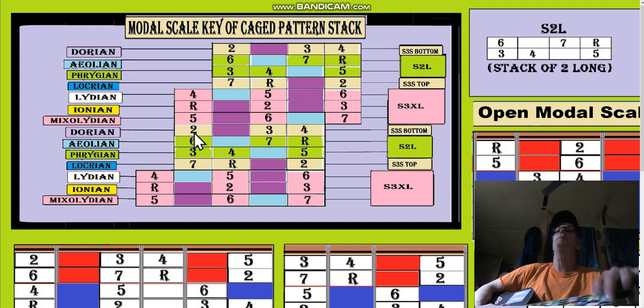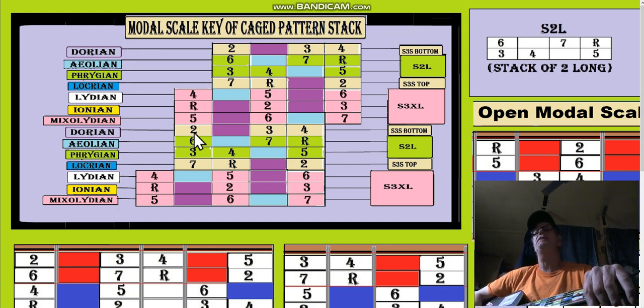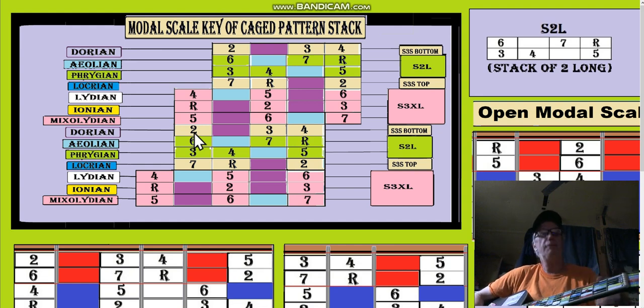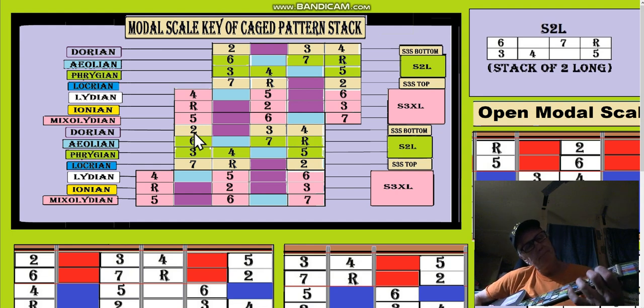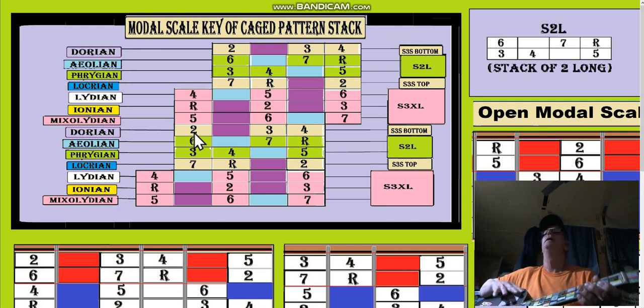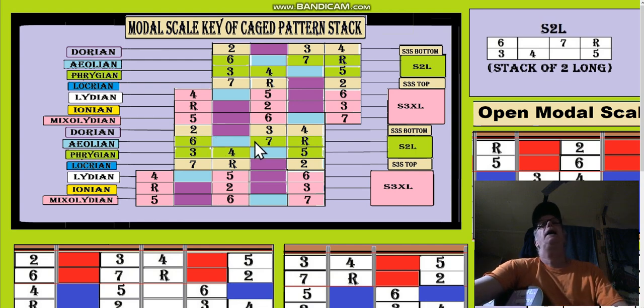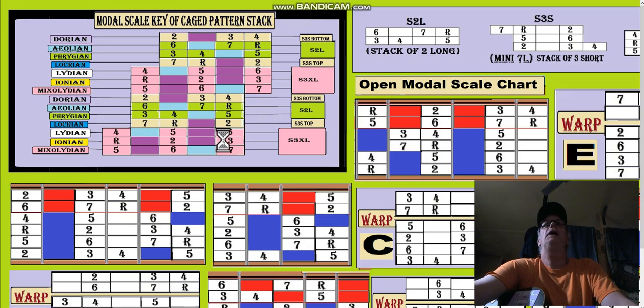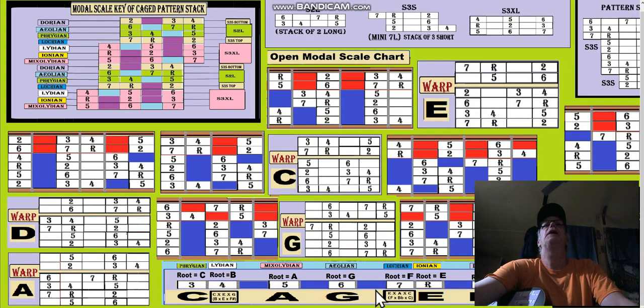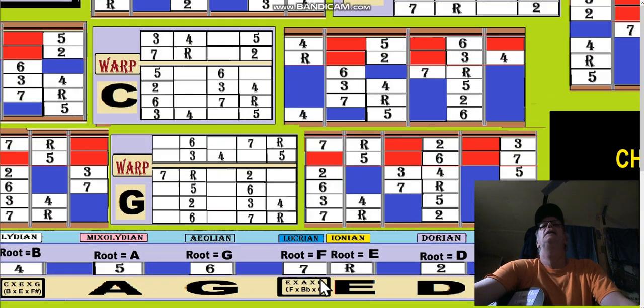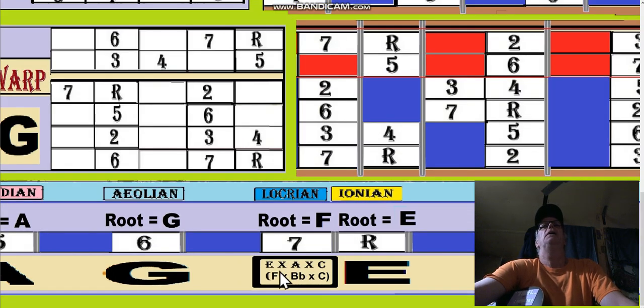When you superimpose those three pentatonics, you know what you get? Try it sometime.